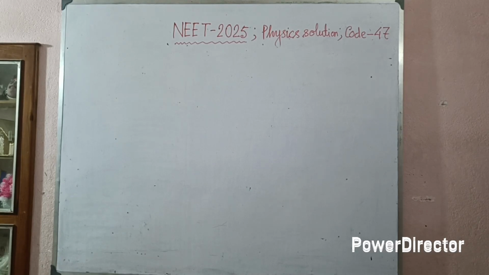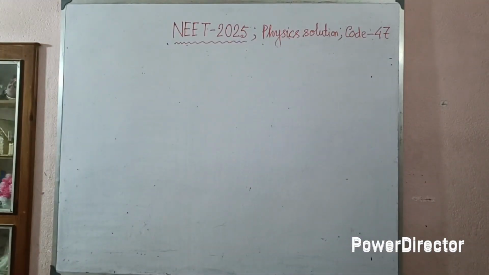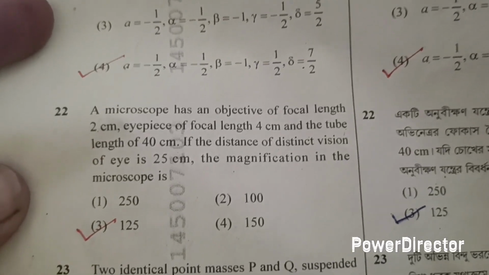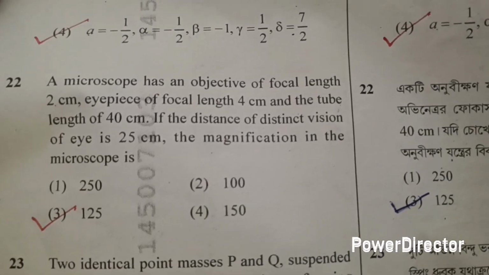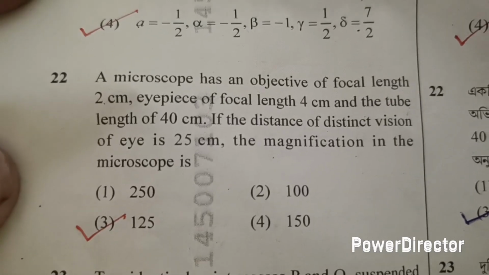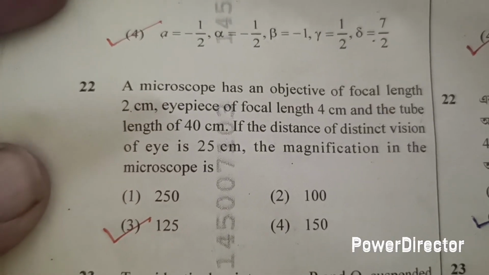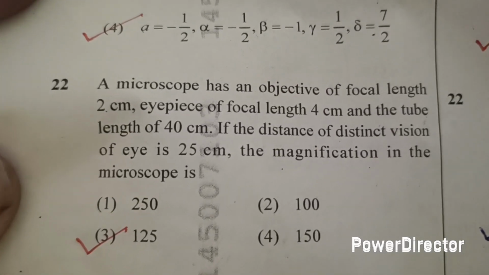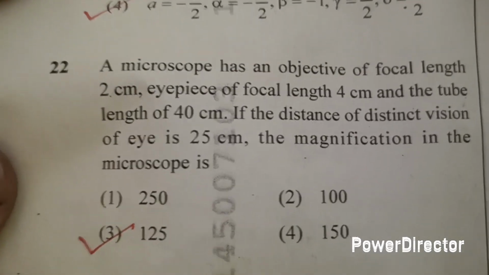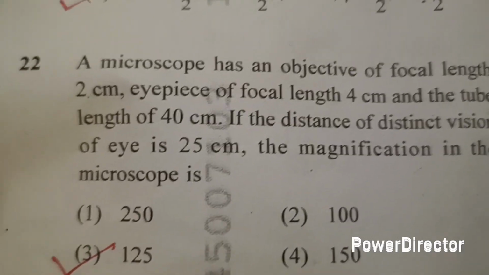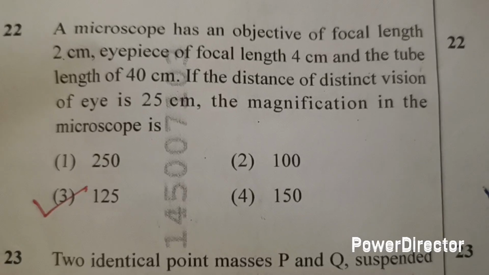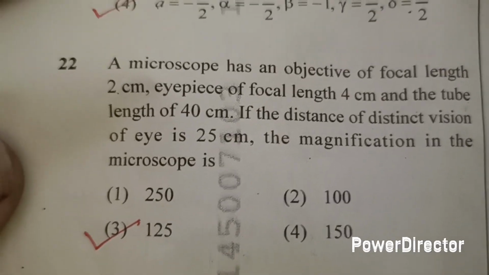Now question number 22. Look, a microscope has an objective of focal length 2 cm, eyepiece of focal length 4 cm, and the tube length of 40 cm. If the distance of distinct vision of eye is 25 cm, the magnification in the microscope is.